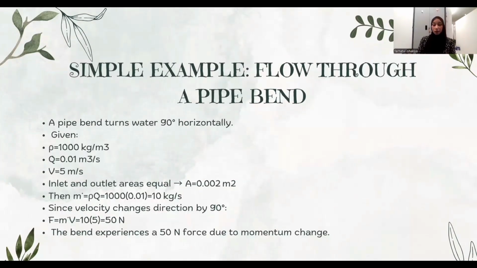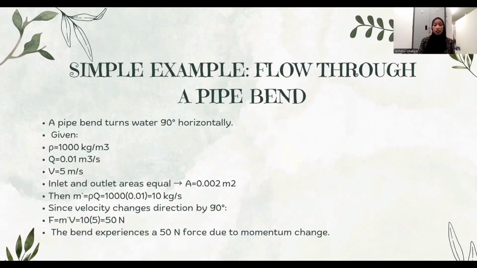So for a simple example, let's consider a pipe bend that turns water 90 degrees horizontally. The water has a density of 1000 kilograms per cubic meter, the flow rate is 0.01 cubic meters per second, and the velocity given is 5 meters per second. From this, we can calculate the mass flow rate to be 10 kilograms per second.